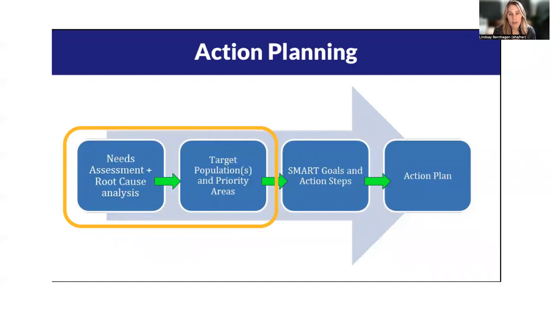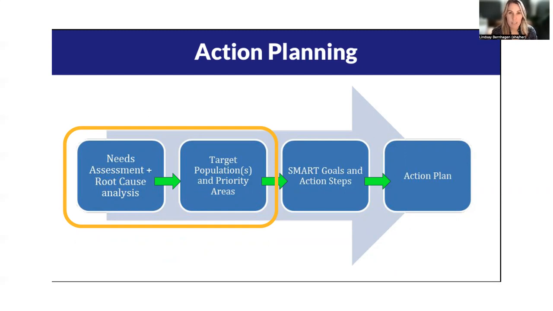To complete the grant application, you're going to have to come up with an action plan. And what the DPI is asking for in this grant application are really several very specific components to your action plan. One of the first things that you're going to need to do is a needs assessment and a root cause analysis.